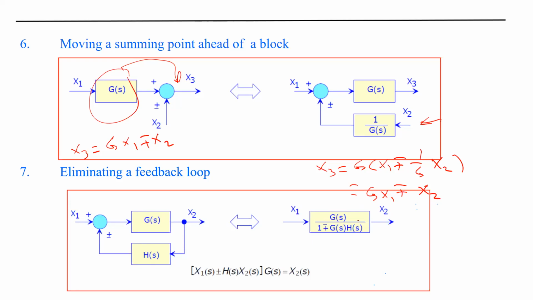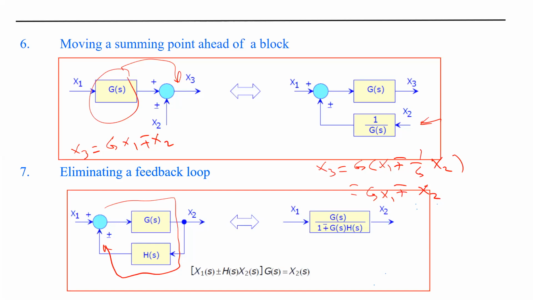In the numerator, you will have the direct gain from the input to the output, anything in the way, multiplied, over 1 plus or minus the loop gain. This is a loop, so all the elements in the loop, I call it the loop gain, and I'll put it in here.